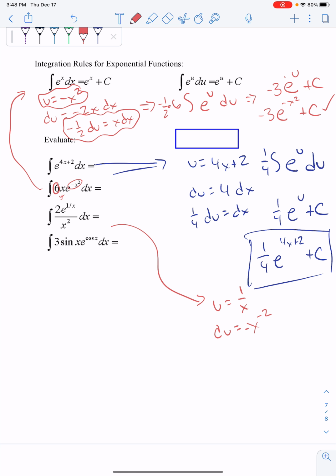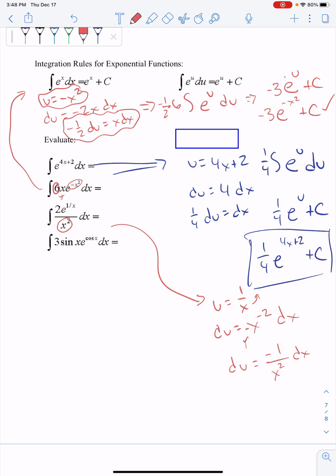It's -x to the -2 dx, right? Because I move this to the top, it becomes x to the -1, so I times the -1 in front, which gives me a -1 right there.